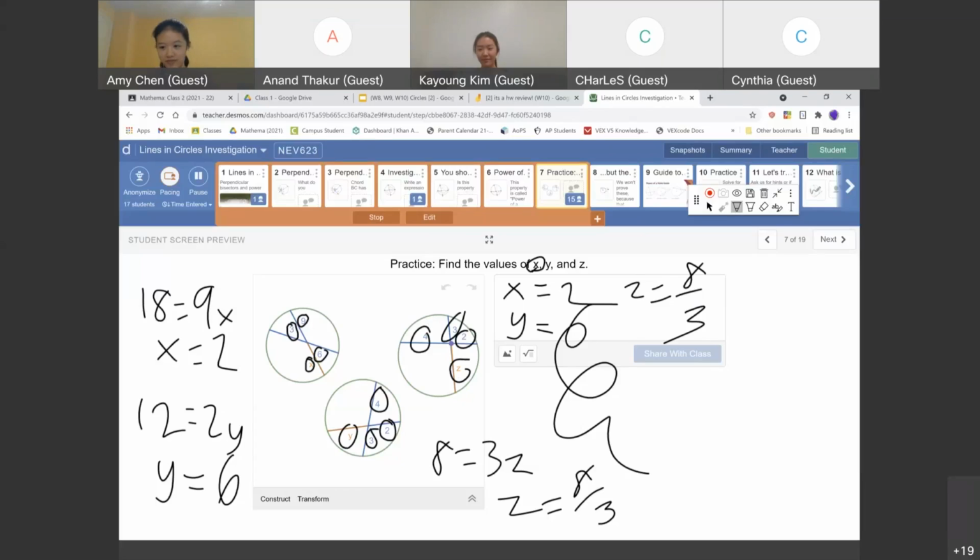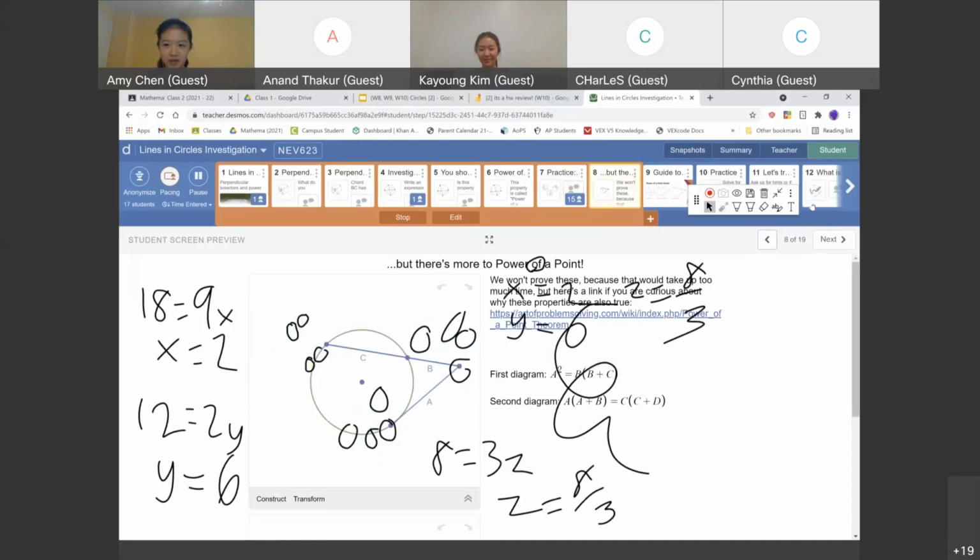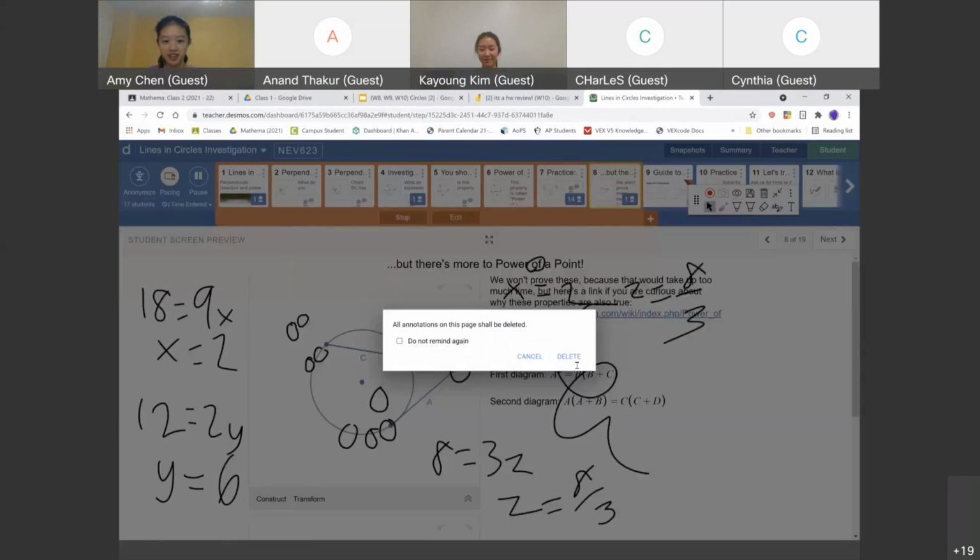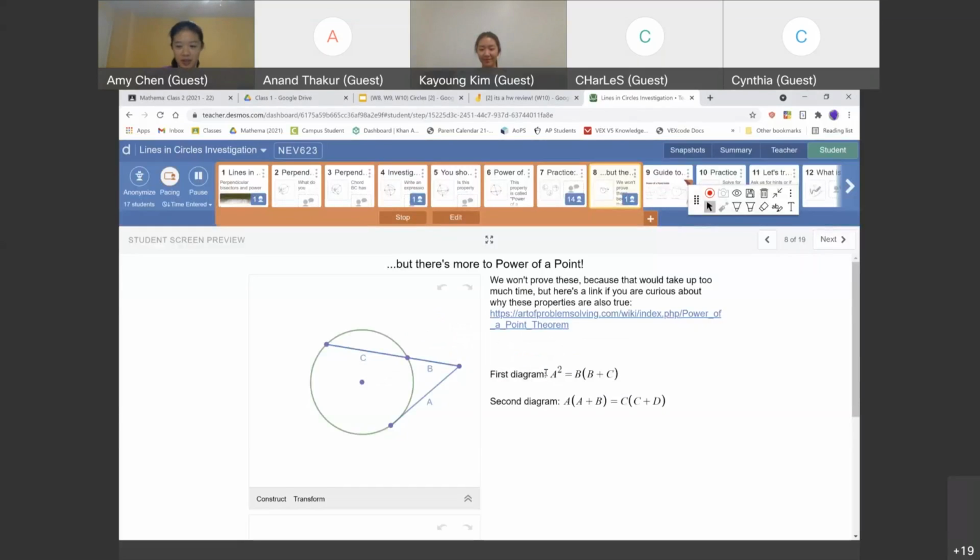Okay. Did anyone have any trouble with that? Okay. Let's move on. I guess you could say fortunately or unfortunately, but it turns out there's actually two more parts to power of a point.